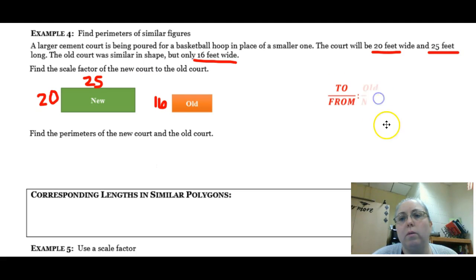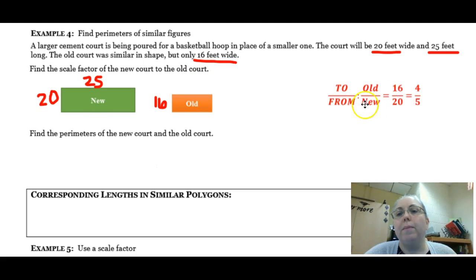So I'm going to do new to old. And that's 20 on the bottom, because that corresponds with my new one, and 16, because remember, I don't know what this side length is. So 16 here. So my scale factor is 4/5. If I'm going from my new court to my old court, my scale factor is 4/5.